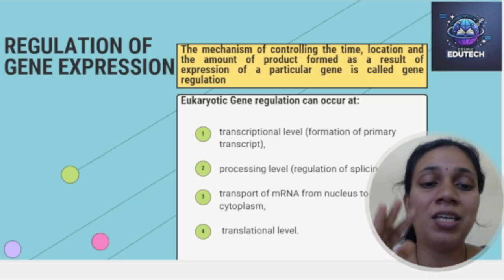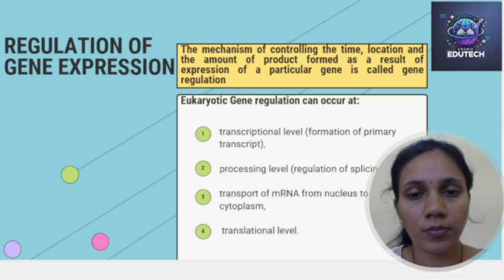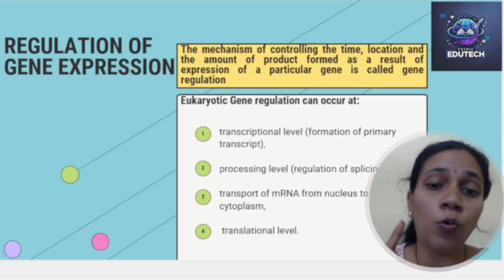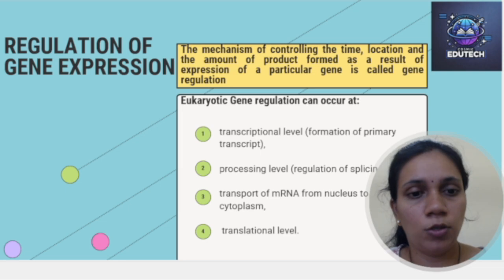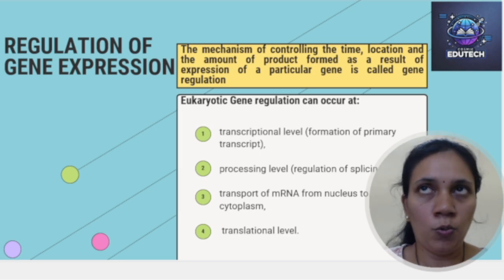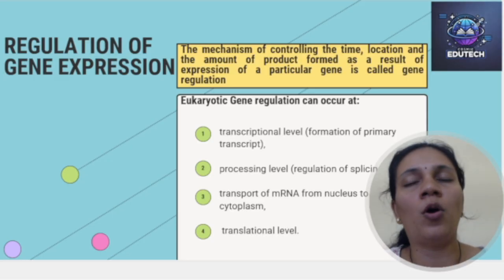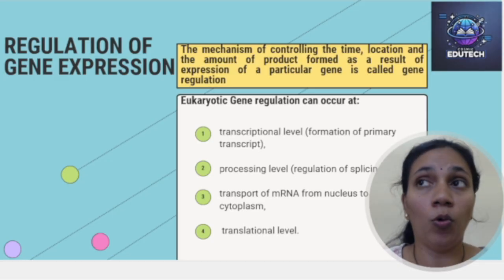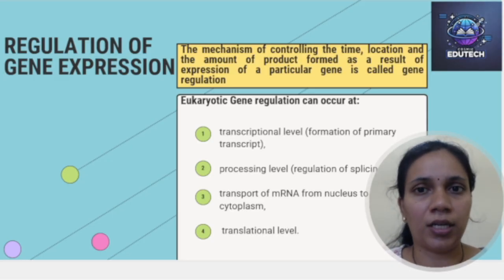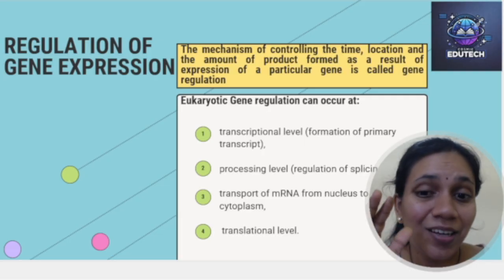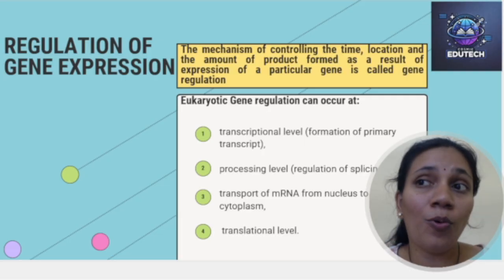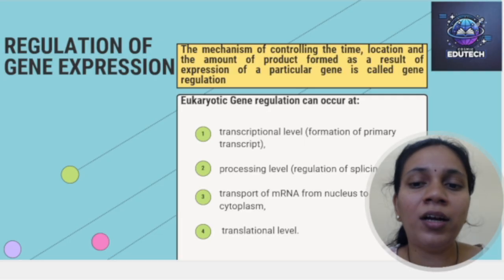Whereas when negative gene regulation occurs, the expression of the gene is suppressed with the help of something called a repressor protein, and it is induced only when it is needed. Like sometimes when you were small and you were going for some shopping or some fair, your mother would be like, no, don't go there, don't touch there. So mother is kind of a repressor. She will only allow you when you are needed.